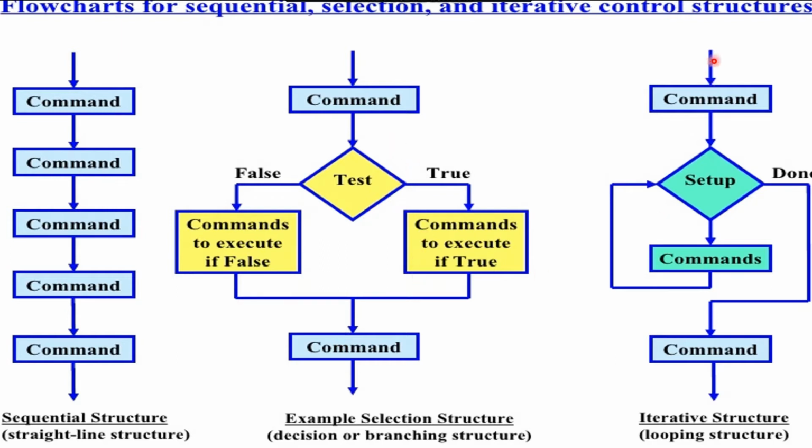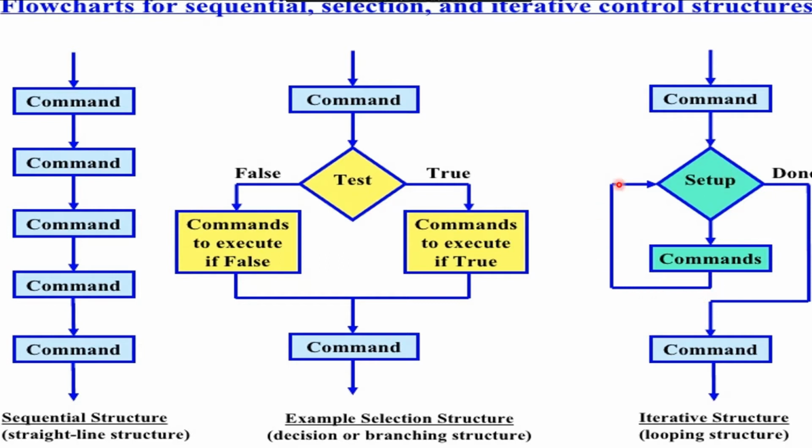Now, there is another flow. We call it the iterative flow. An iterative flow starts, it checks a decision, and depending upon whether the decision is true or false, it takes a path. If the decision is true, we normally go through this path and we execute a block of statements. After executing the block of statements, we update the expression which we use to check the condition.